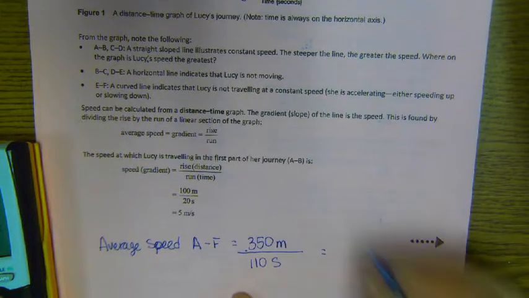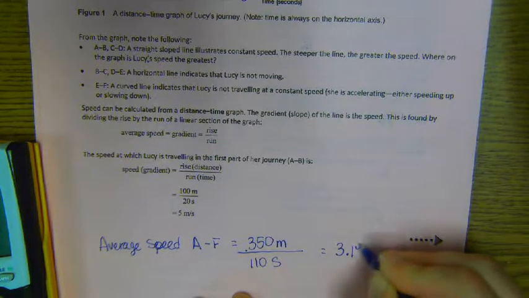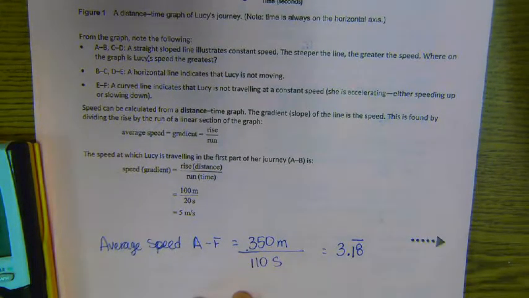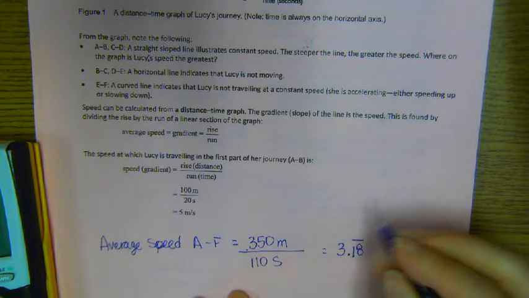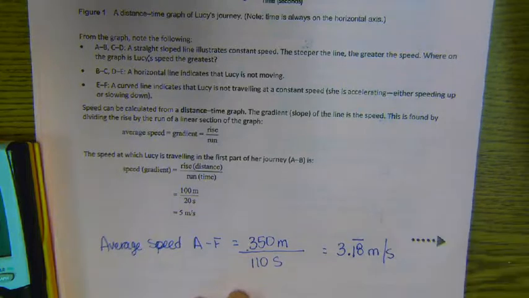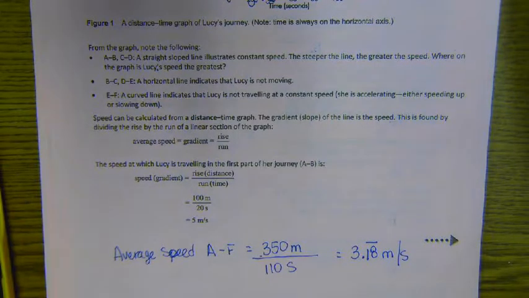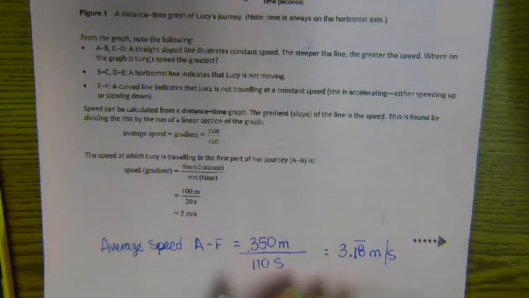So this is an average speed of 3.18, I'm going to put that repeating bar, and we've got to put some labels. Meters per second. Okay.